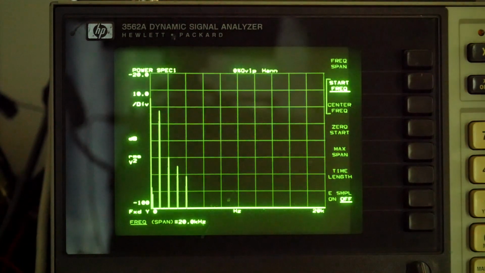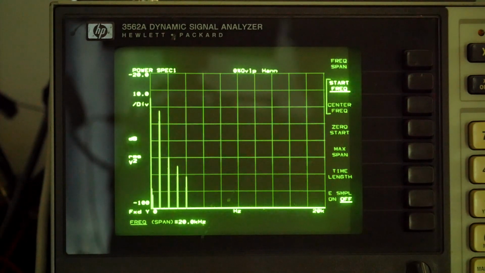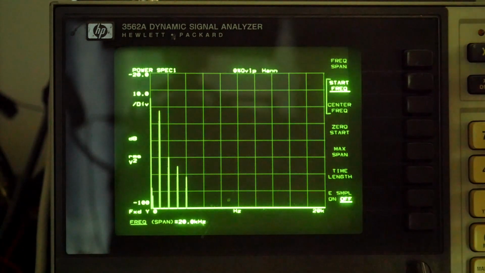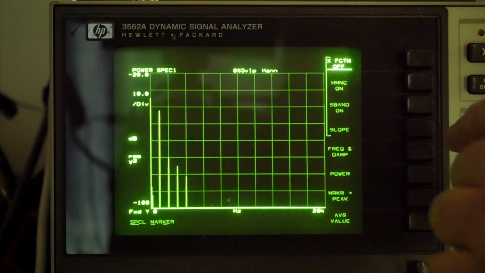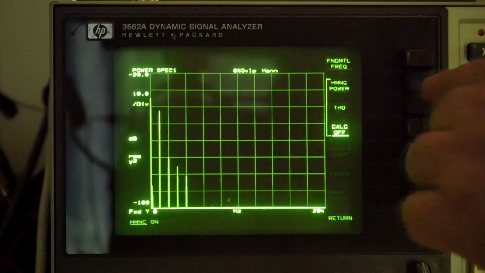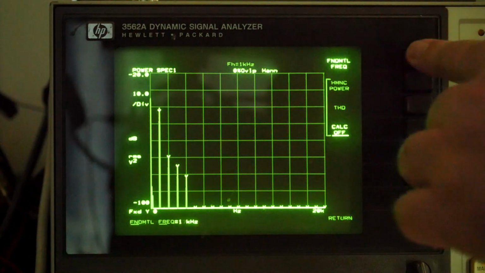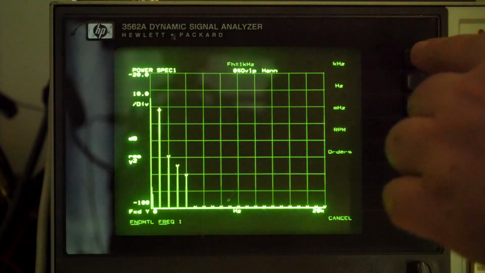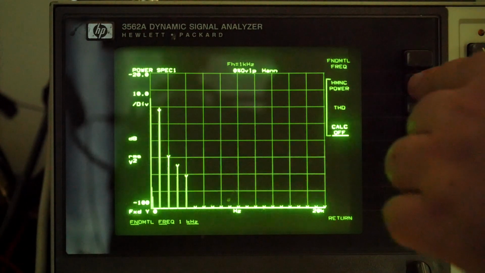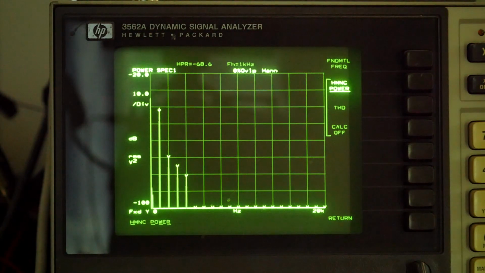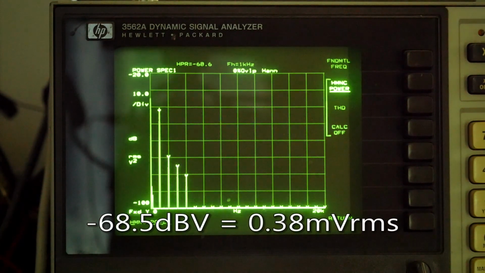What I'd really like to do is measure not so much the THD but the actual harmonic power, so let's do that. Special marker, harmonics, fundamental frequency is 1 kilohertz, and we want to know harmonic power. There we go. Okay, so what we're getting is about minus 68.5 dBV.